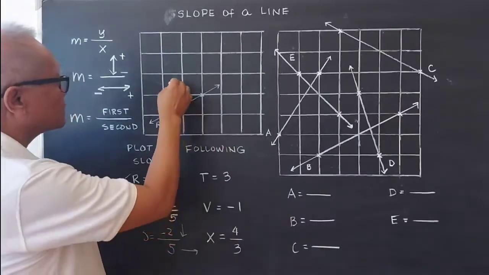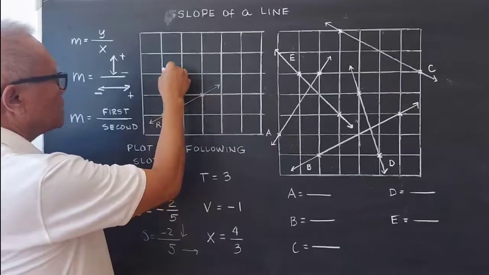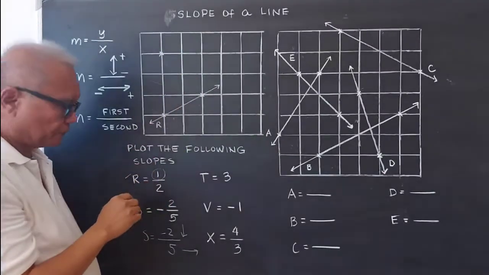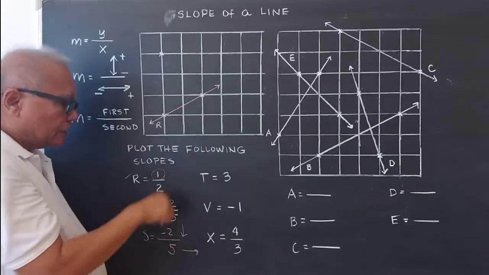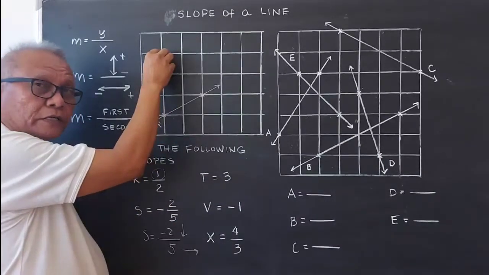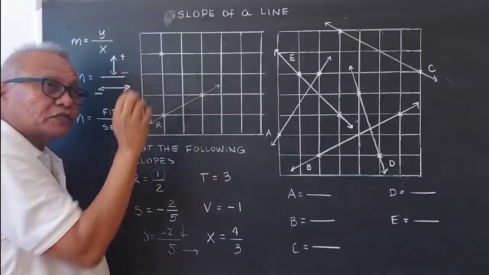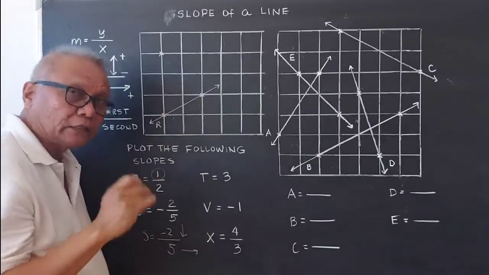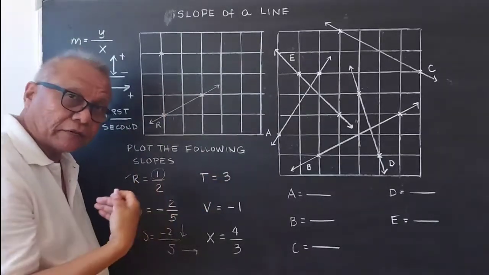Let us find some nice place here. Start there. Start with the negative 2. So the negative is going down. We go down. So start first with the vertical. Either we go up or we go down, then we go to the right or to the left.